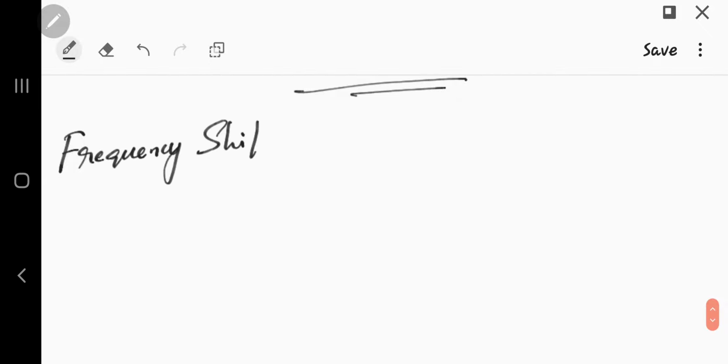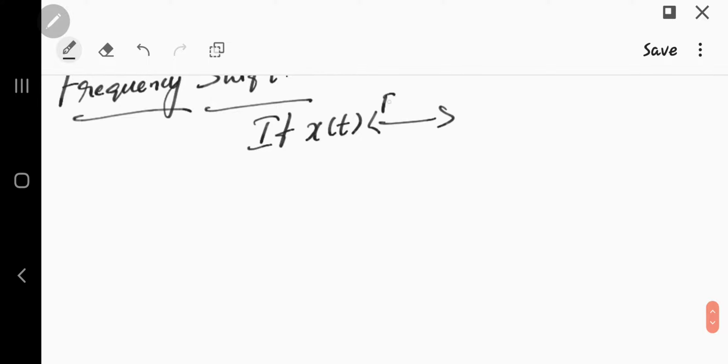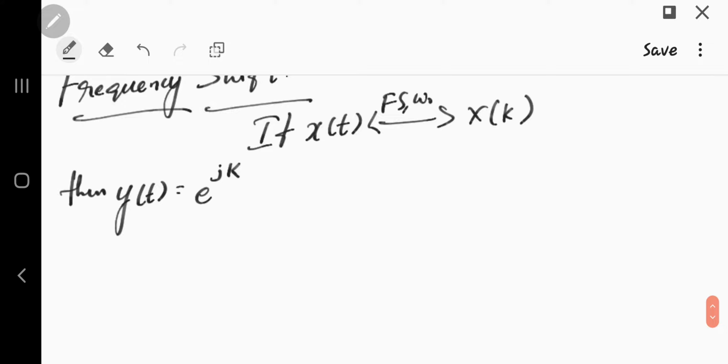So the next one is frequency shift. So let's take the definition first. If x of t will give x of k, then y of t is equal to e power j k naught omega naught t into x of t.